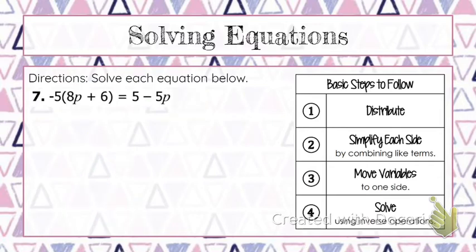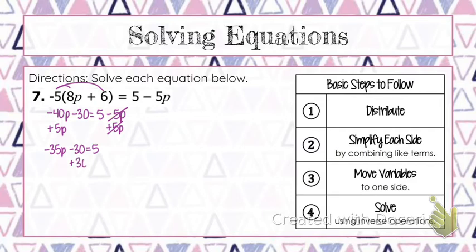All right, number 7. Distribute first. Negative 40p minus 30 equals 5 minus 5p. I'm going to bring my variables all to one side. So those will give me 0. And then this gives me negative 35p minus 30 equals 5.